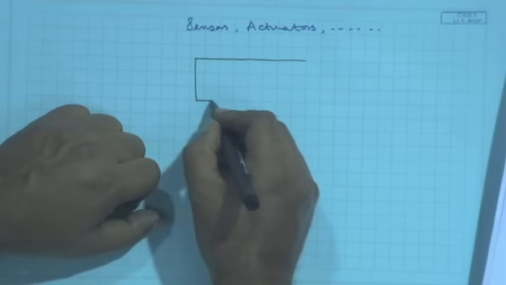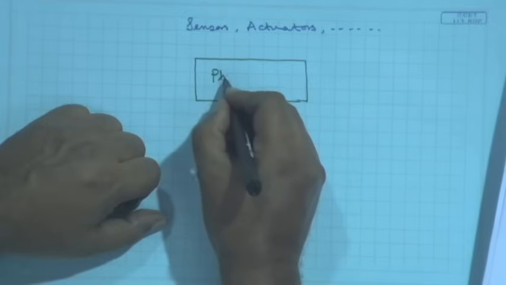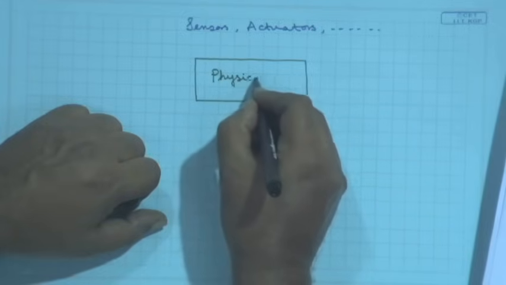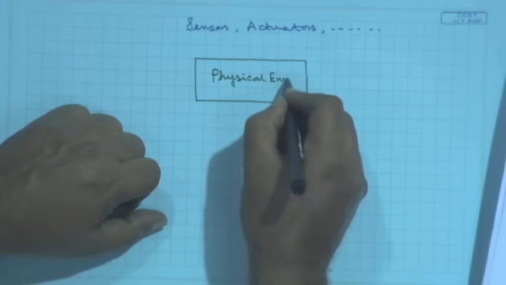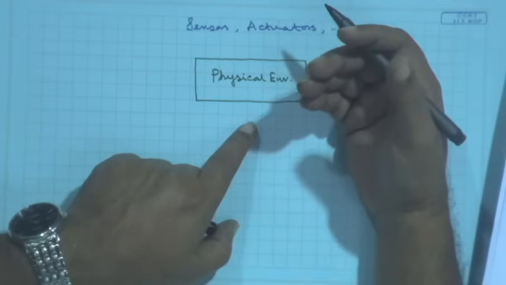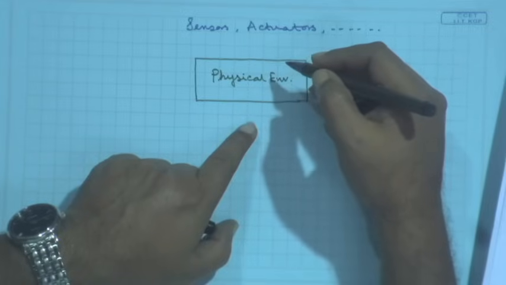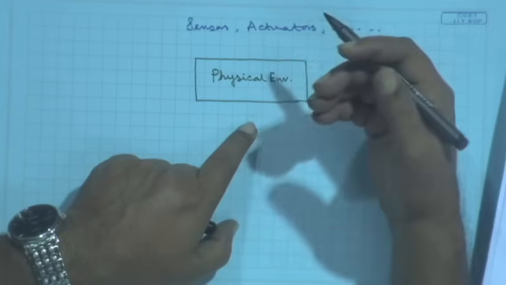Now, coming back to the old scenario, we have a physical environment which we want to control. And this environment, because of its own nature, will have some physical parameters. For example, if the environment I am dealing with is temperature, then temperature has some features, like it is sluggish, and there is a specific range.